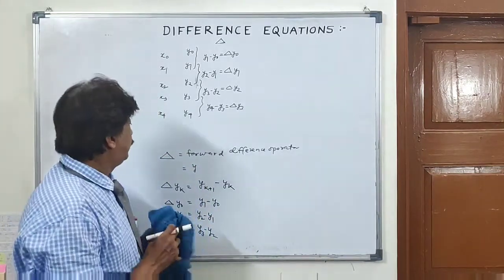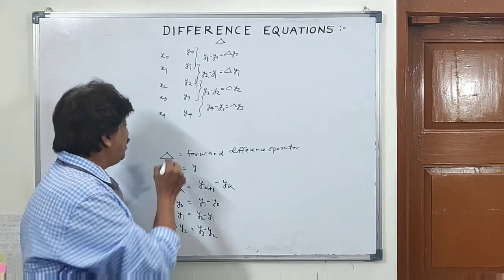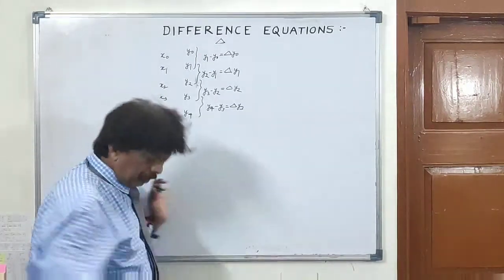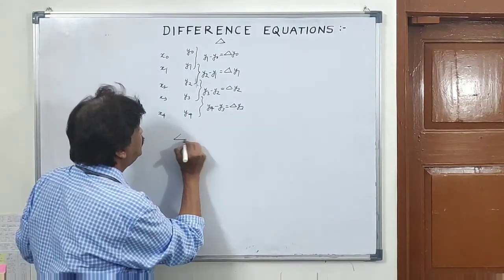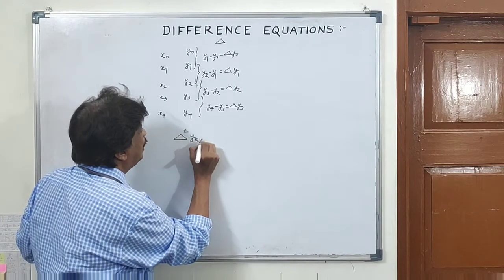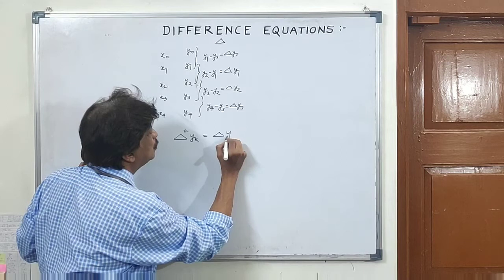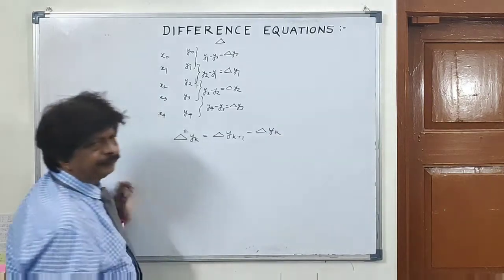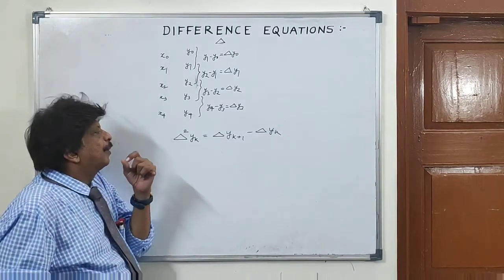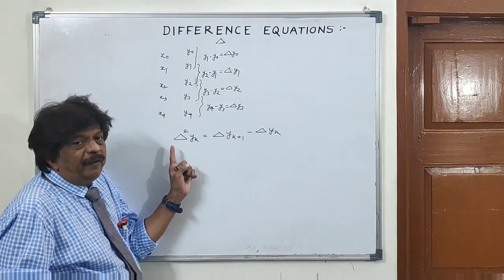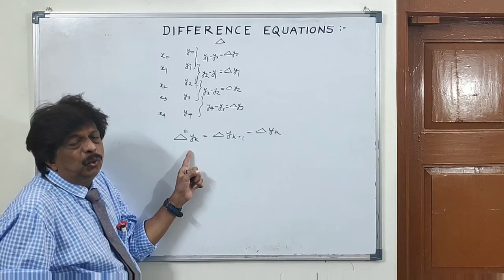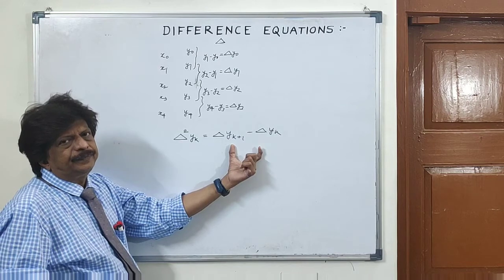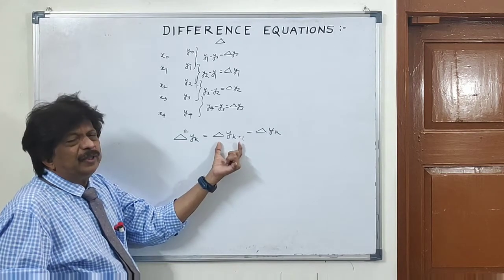Now, the second order forward difference operator. Delta square of yk is equal to the difference of first orders: delta of yk plus 1 minus delta of yk.